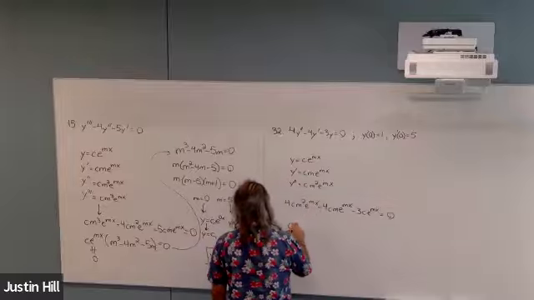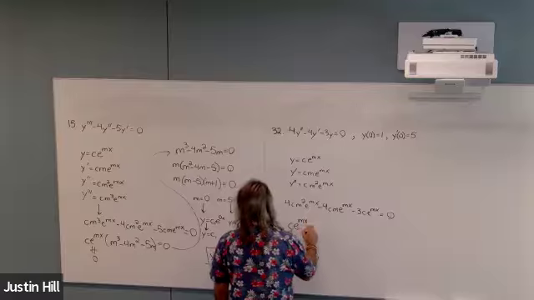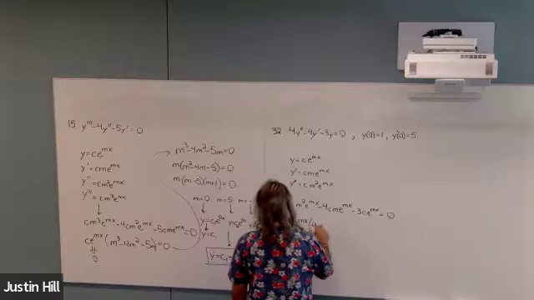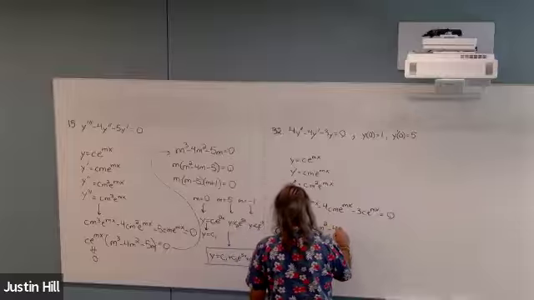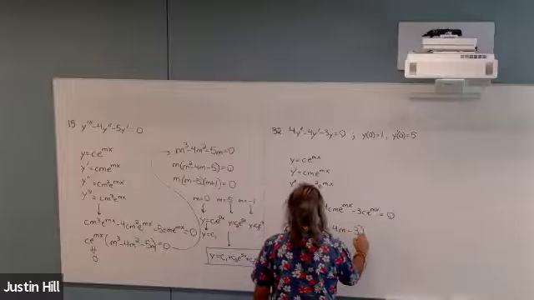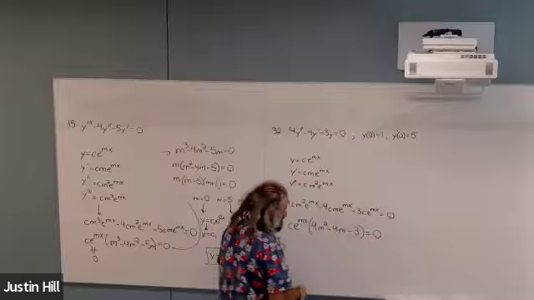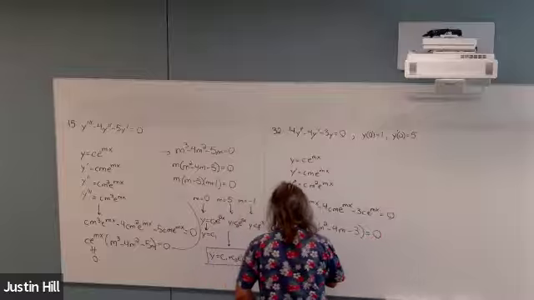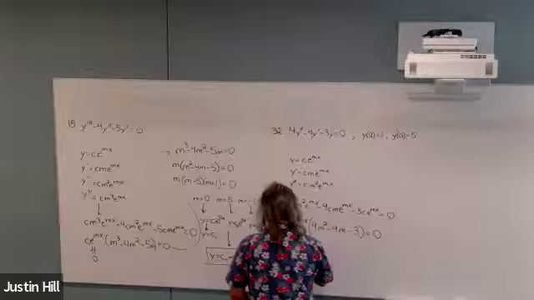So we end up with c e to the mx times 4m squared minus 4m minus 3. Set that part equal to 0.